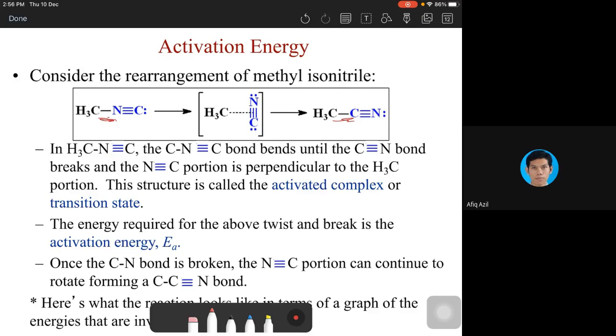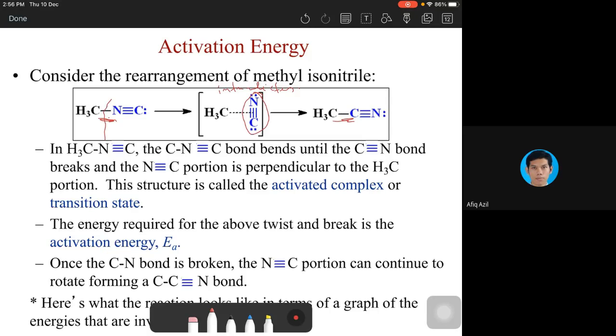In the middle over here, we have what we call the intermediate. In CH3NC, the N triple bond C will bend until this bond breaks, and then the NC portion is perpendicular to the CH3 portion.